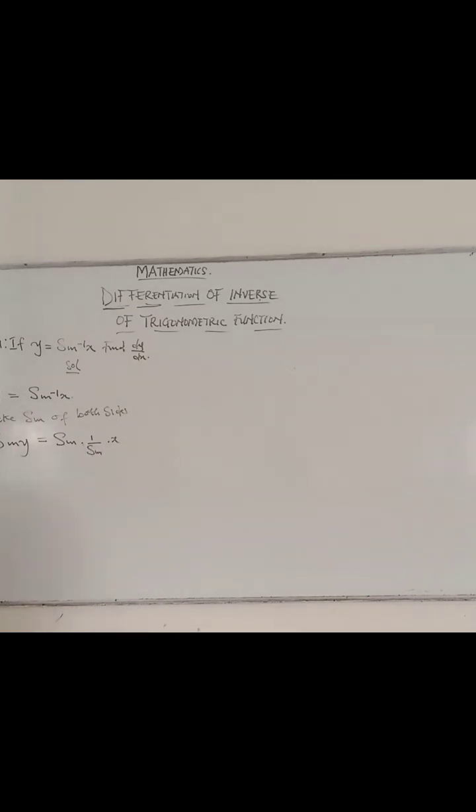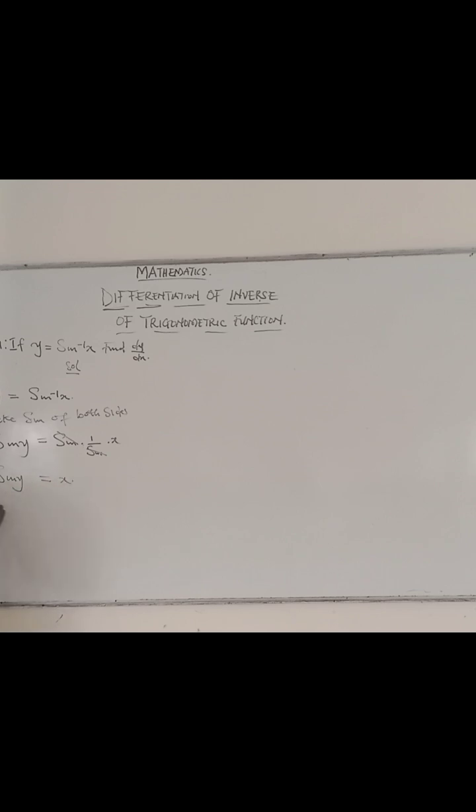Are you with me? So I'll take the sine of both sides. Now, what is the next thing I'm going to do? So I'm going to have sine y is equal to s. Is that not so?